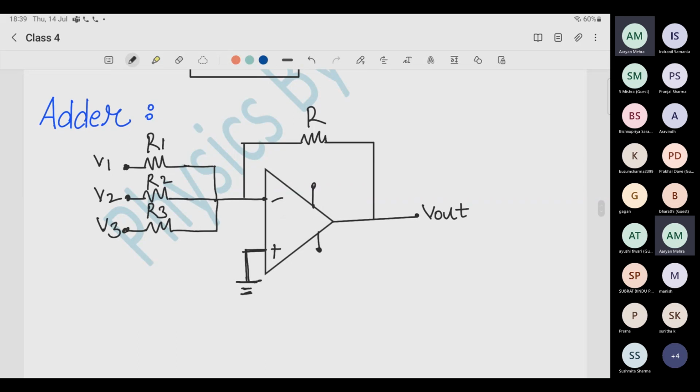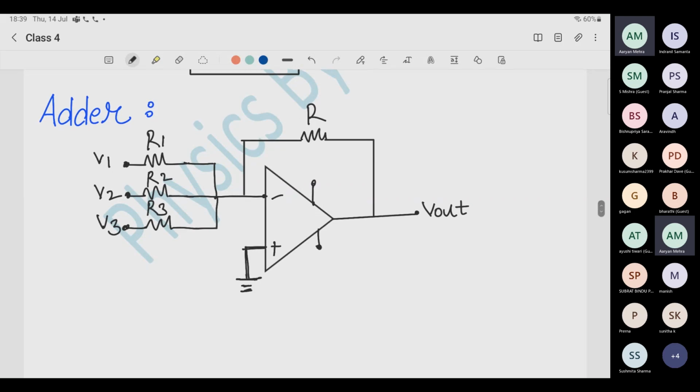So now let's understand how this circuit is actually working. If this voltage is 0, since it is grounded, what is this voltage? Zero. This is called the concept of virtual ground. Do you understand the word virtual ground now?